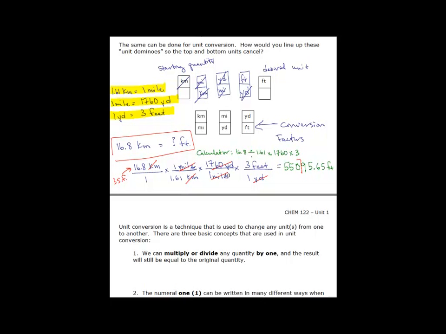My answer, adjusted to the correct number of significant figures, would be 551, and then I'm going to fill in those with zeros: 55100 feet. You can also see this written in scientific notation. This would be written as 5.51 times 10 to the 4th.